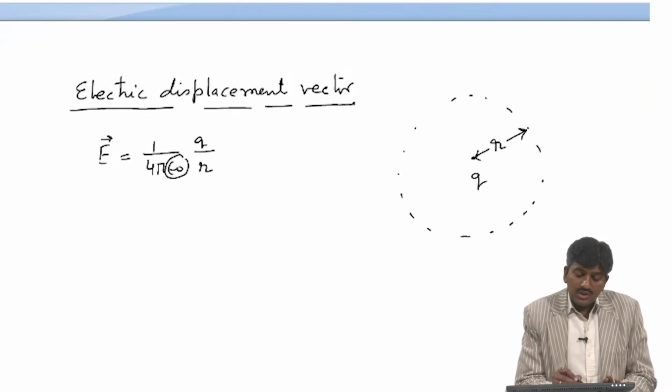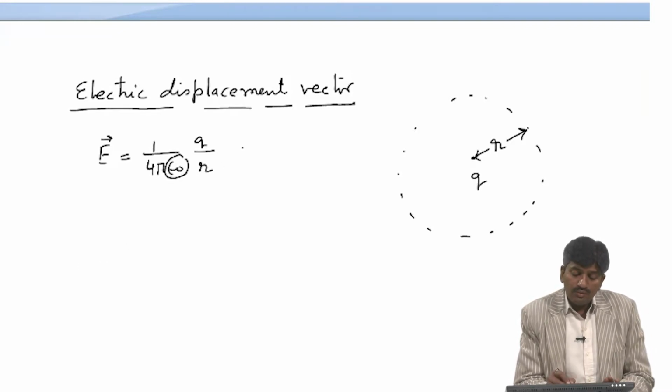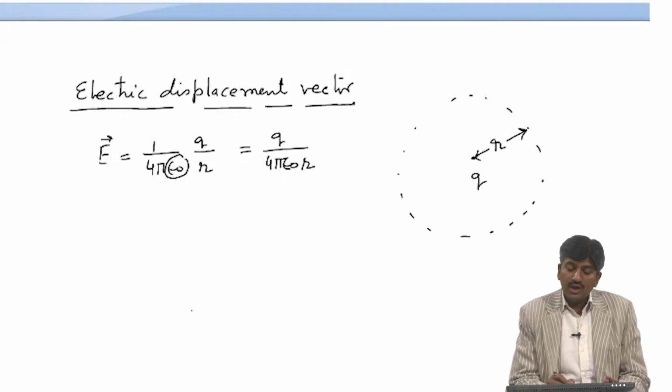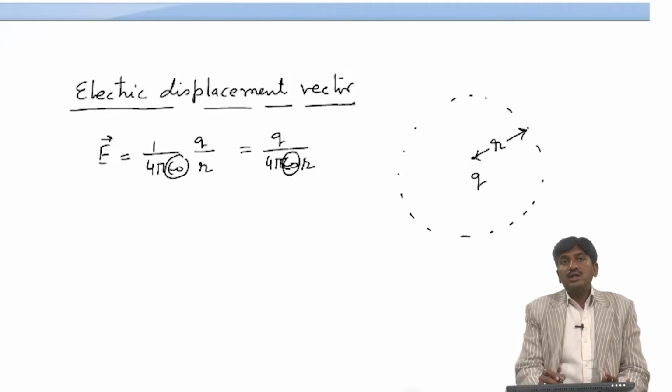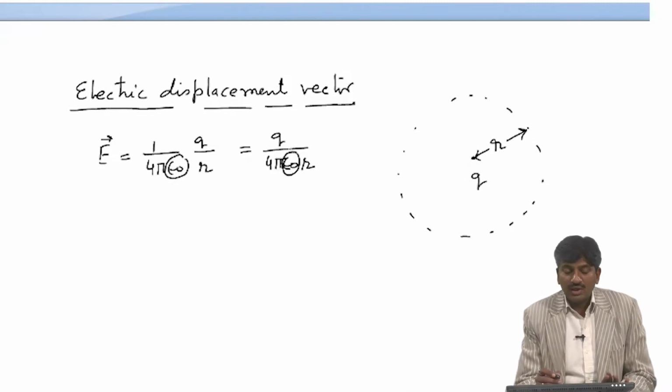Epsilon naught represents the medium, or we can write this as q upon 4 pi epsilon naught r. This is the electric field, and the field which does not depend upon the medium, or we can say does not depend upon the permittivity, is known as the electric displacement vector.